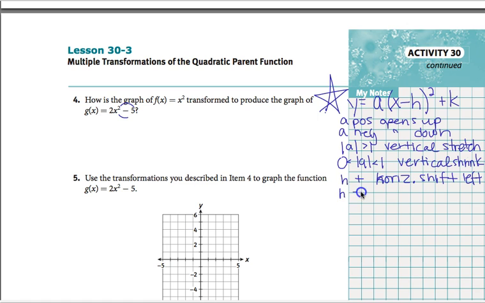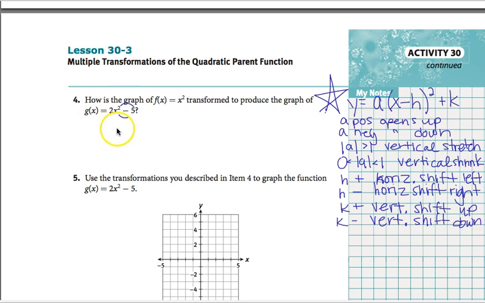If h is negative in there, so like a minus there, then we have a horizontal shift right. If we have a k value that's positive, we have a vertical shift up. And if we have a negative k value, that means we have a vertical shift down.